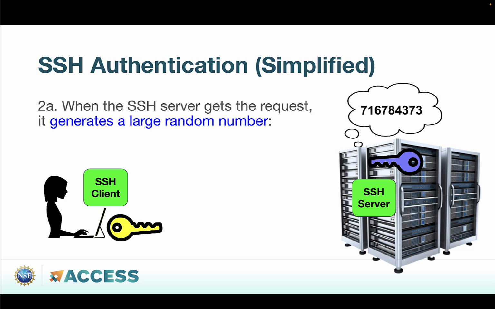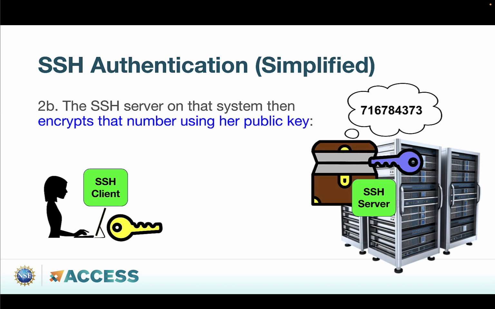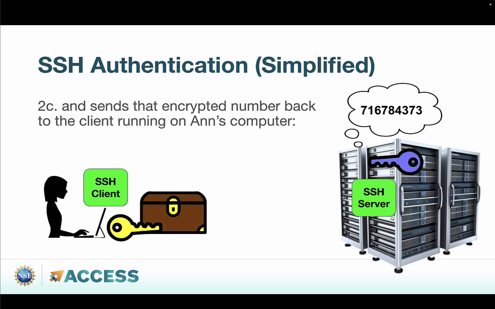When the SSH server gets this request, it generates a large random number. It then encrypts that number using Anne's SSH public key. And then sends that encrypted number to the client on Anne's computer.